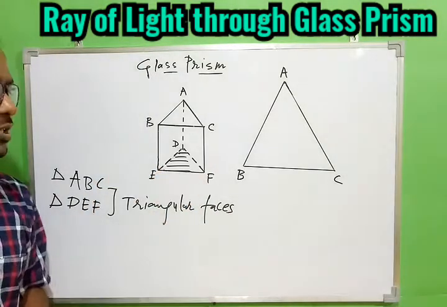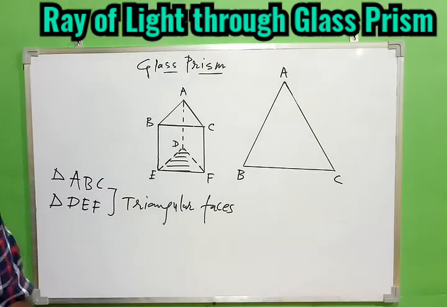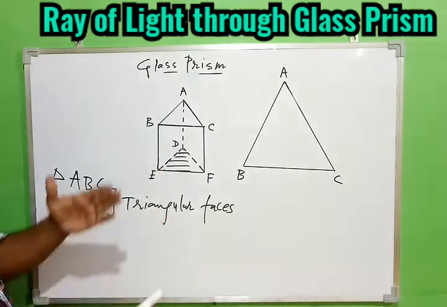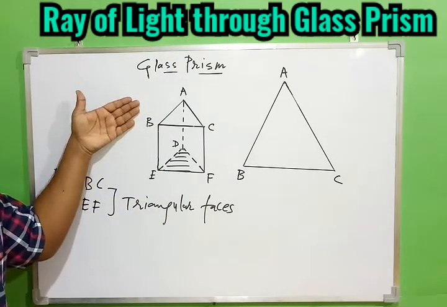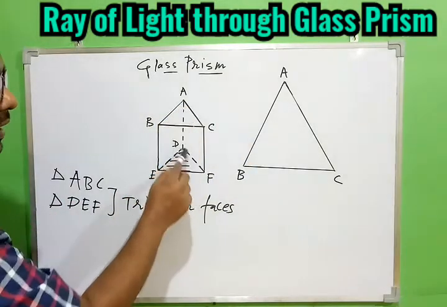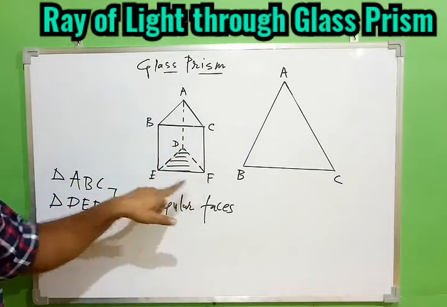Other than this, you are able to see three different rectangular faces. The first one is ABED, so this side is one of the rectangular faces. On another side we have another rectangular face, that is ADFC, and one face is in the front itself, that is BCFE.